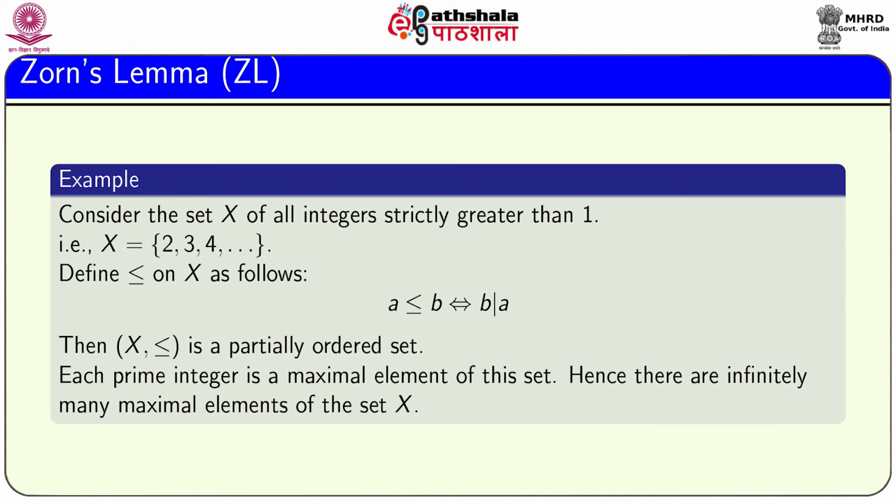It can be checked easily that it is a partially ordered set. Each prime integer is a maximal element of this set. Hence, there are infinitely many maximal elements of the set X.